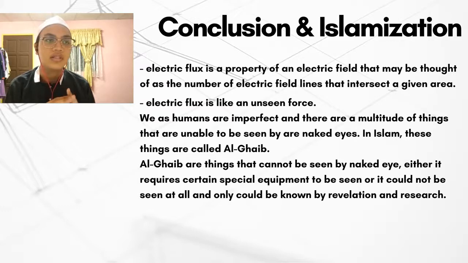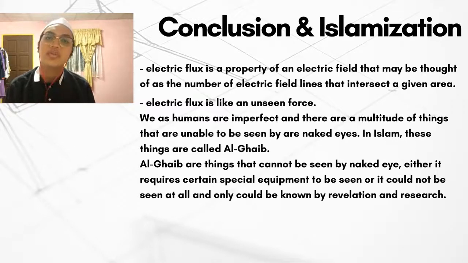Mostly the things of al-ghaib that we can know by revelation are the angels, shaitan, jinn. We can't see any of these. The other kind of al-ghaib is what we can research to see. These are things like atoms, particles, forces, such as electric flux.